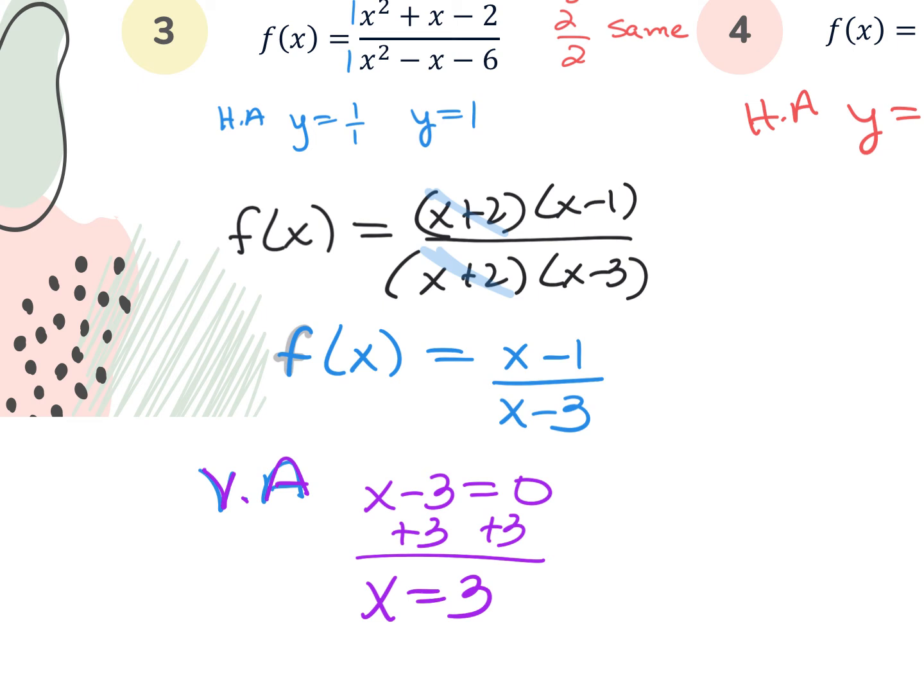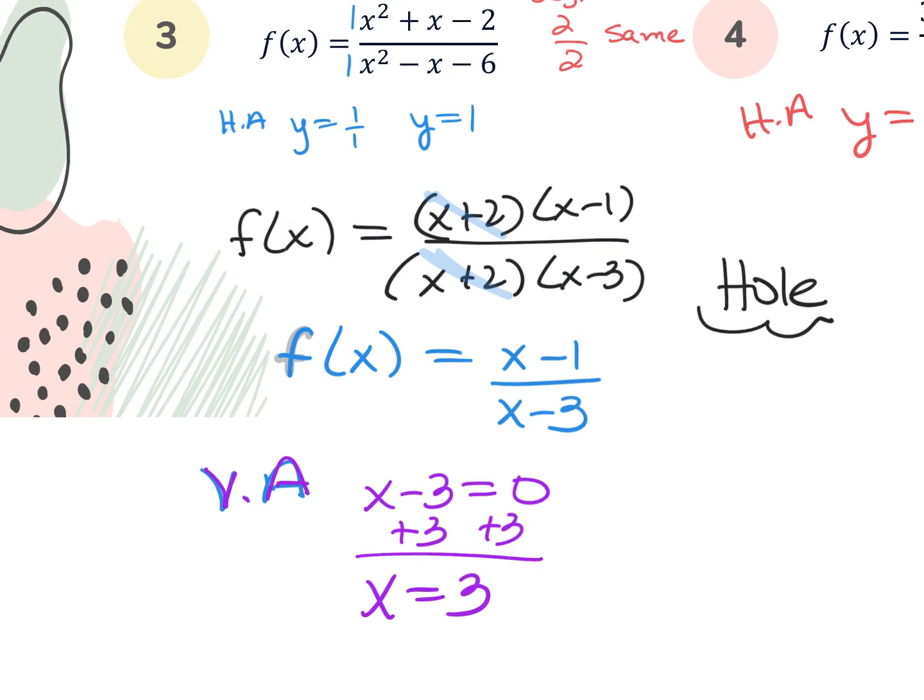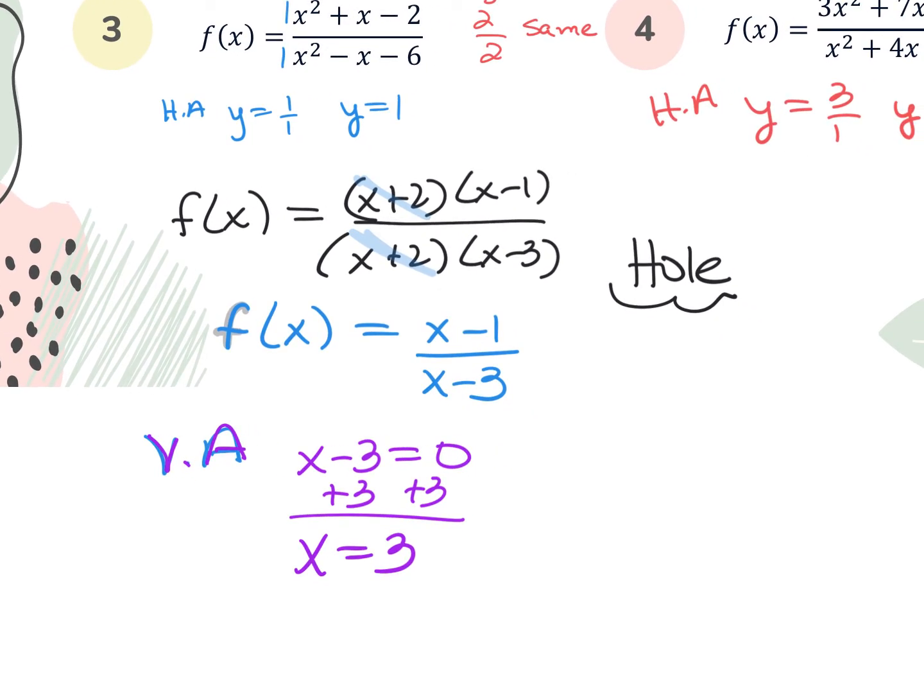Now, because I could factor this and cancel a factor, I have a hole. The hole is going to occur at the factor that was canceled. So I'm going to take the x plus 2 that I canceled out, so this is coming from when I simplified.